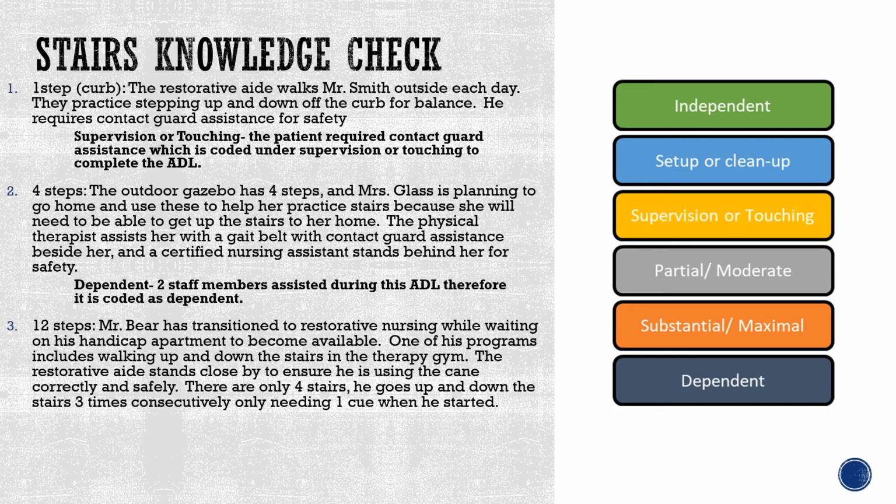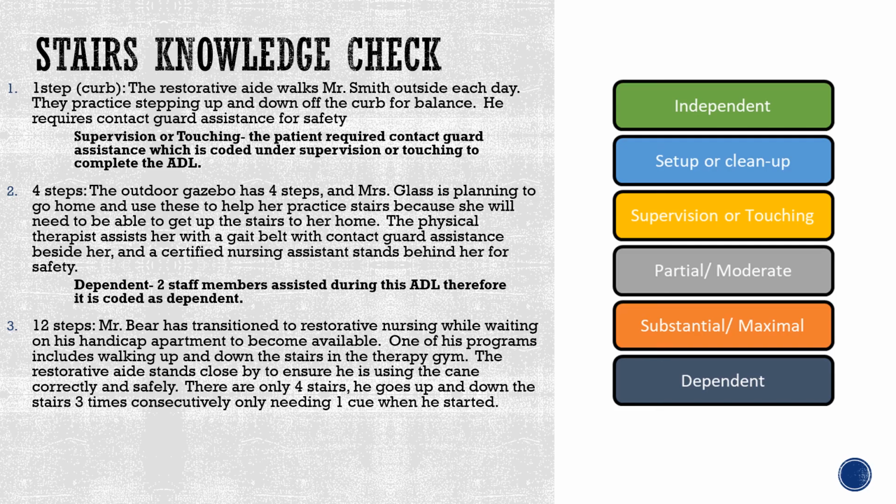Miss Bear has transitioned to restorative nursing while waiting on his handicap apartment to become available. One of his programs includes walking up and down the stairs in the therapy gym. The restorative aide stands close by to ensure he is using the cane correctly and safely. There are only 4 stairs, so he goes up and down the stairs 3 times consecutively, only needing 1 cue when he started.